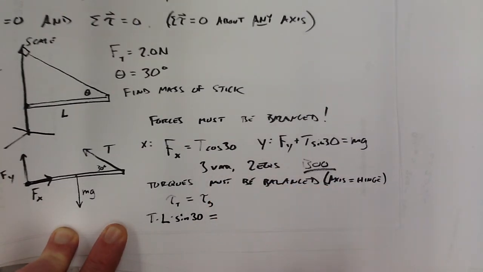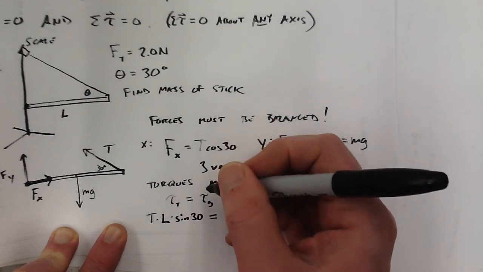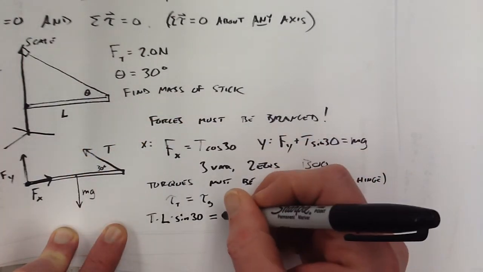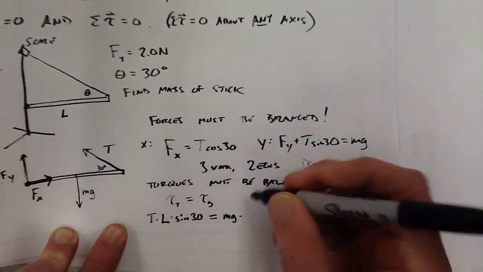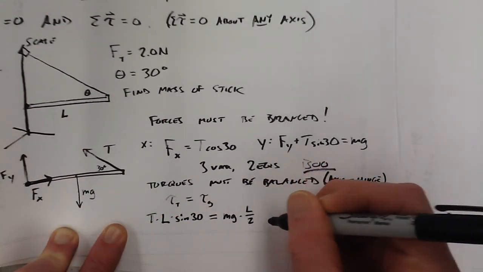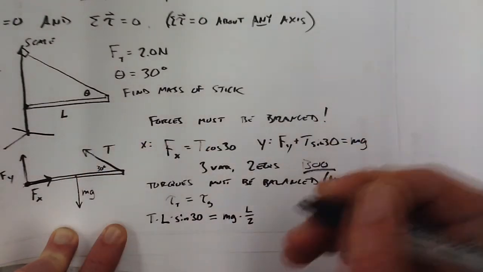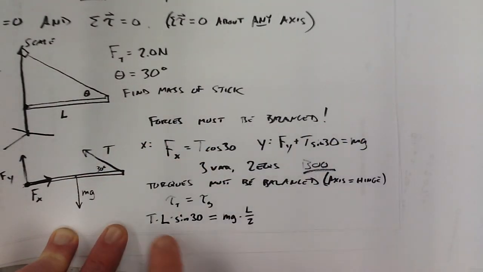That must equal the torque caused by gravity, which is mg times the radius. This is only acting at half the length, times the sine of the angle between them. That's 90 degrees, so that's just 1.